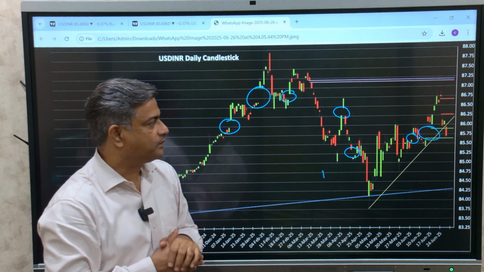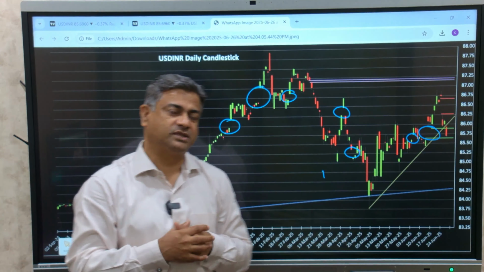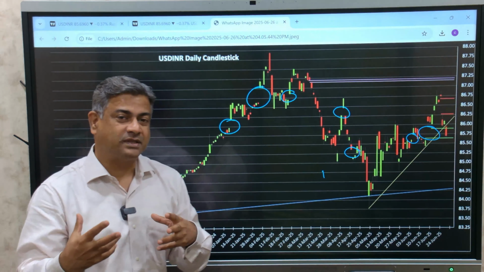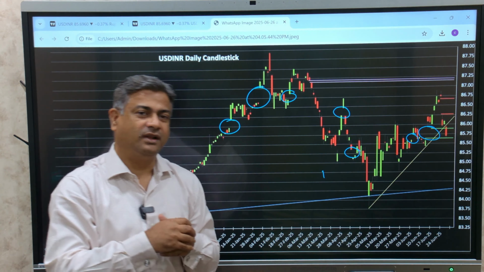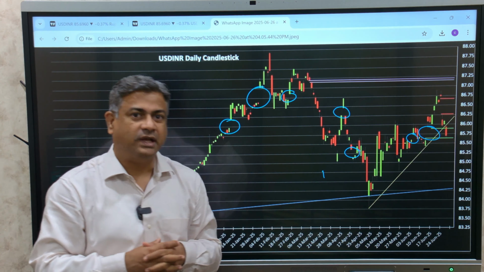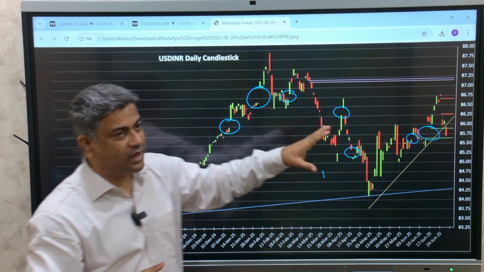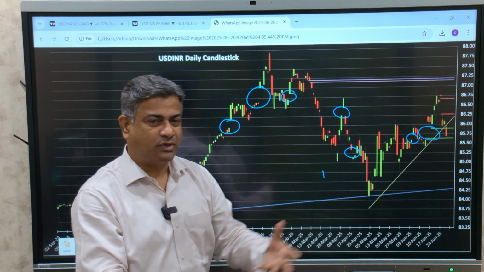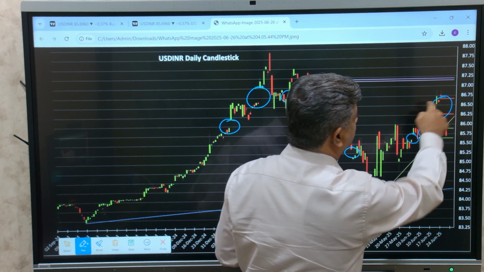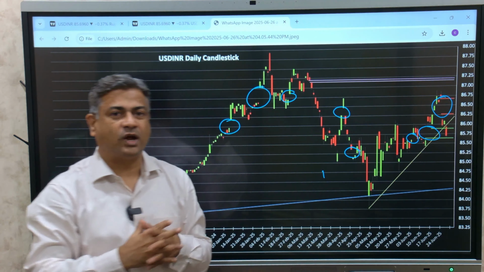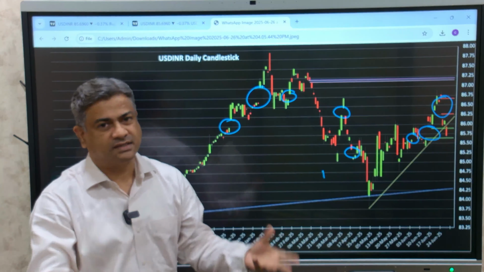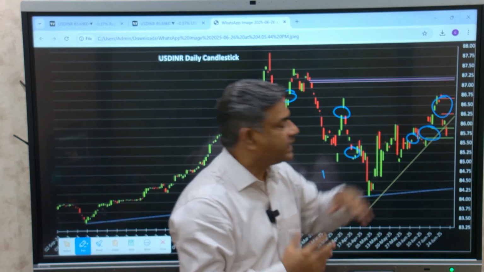So the green horizontal lines which I had drawn last time, that line will go off because that gap is filled now. Now that leaves us with a question: are there unfilled gaps in dollar-INR? Unfilled gaps that might fill up in the future, which tries to give an indication of how the currency might move in the future. So there are two unfilled gaps. One gap was formed early this week when we saw this huge move. On Monday it was around 86.70, 86.80 levels, and then suddenly on Tuesday we came to 86.20 levels.